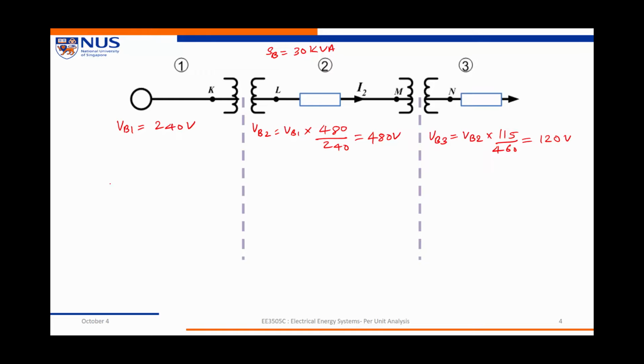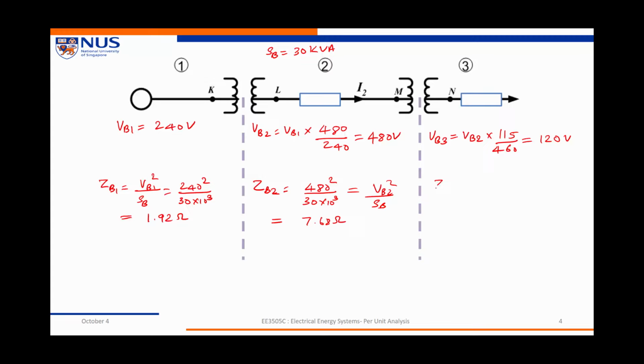Next we find the base impedances for these three zones. So I can say Z base 1 is equal to V base 1 squared by S base, which is 1.92 ohms. Similarly, I have Z base 2, which is 7.68 ohms. And finally I have Z base 3, which is 0.48 ohms.